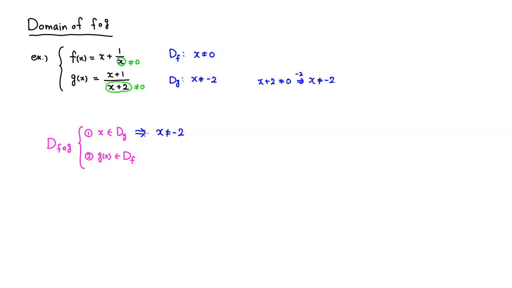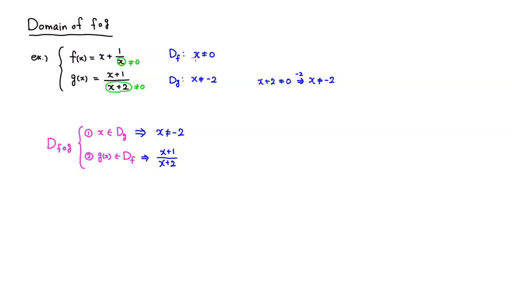Number two, this is the tricky one. It says that g of x is in the domain of f. The inside function, in this case, g of x, is x plus 1 over x plus 2, and it has to be in the domain of f.